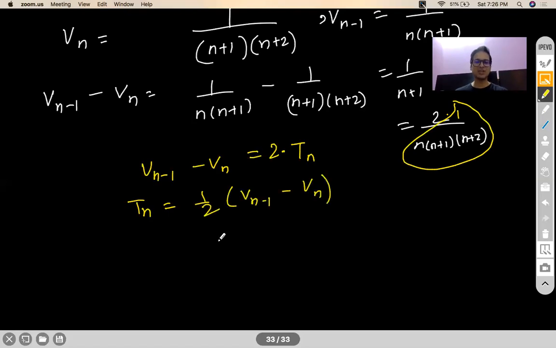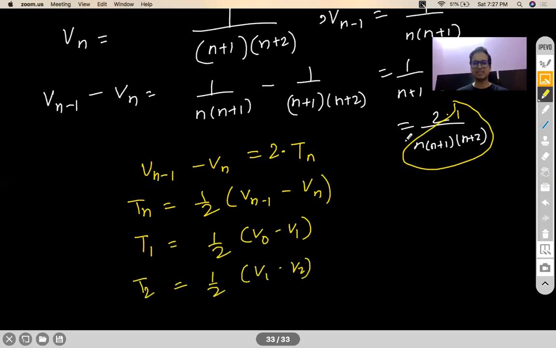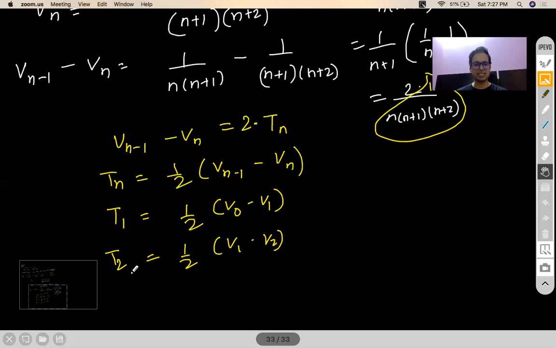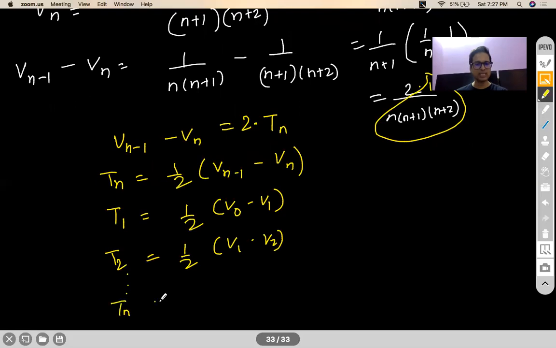Now this is the beauty of the question. So you have to start putting your n value as 1. So when you put 1, you get V0 minus V1. When you put 2, you get V1 minus V2. And so on, till you go to n.